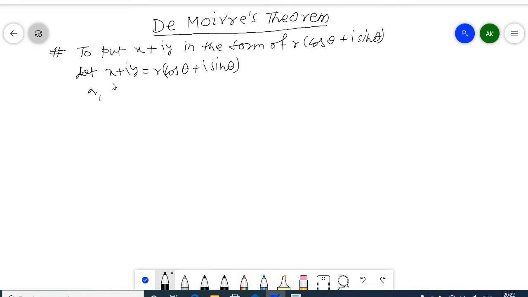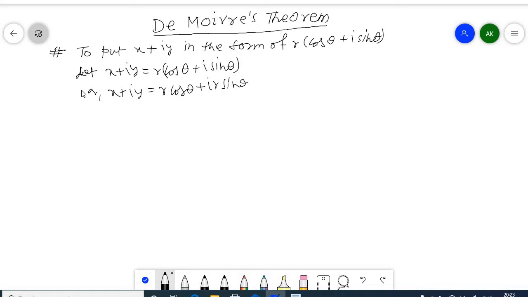On the left side x plus iy, and on the right side I am multiplying r in both the terms. Then we get r cos theta plus i r sin theta. Now equating real and imaginary parts both sides.